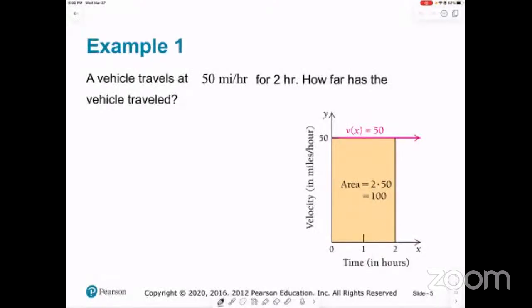And so we're going for 2 hours at 50 miles per hour, so the velocity times the time, right? Miles per hour times hours leaves us the distance. So 2 hours times 50 miles per hour, if it's a steady speed, they should travel 100 miles, right?